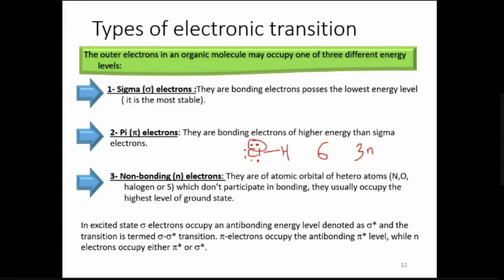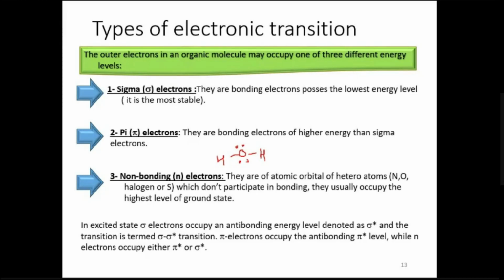Now, can anybody tell me in a water molecule how many non-bonding pairs oxygen carries? Excellent, Shweta. There are 2 pairs of non-bonding electrons, and 4 non-bonding electrons are present on oxygen.